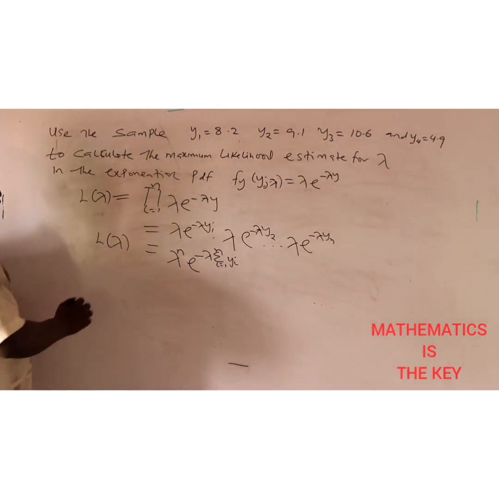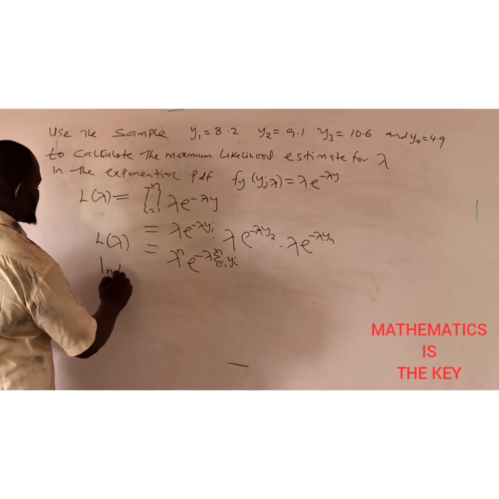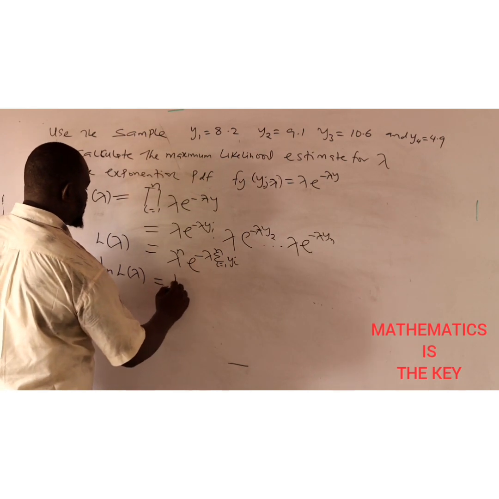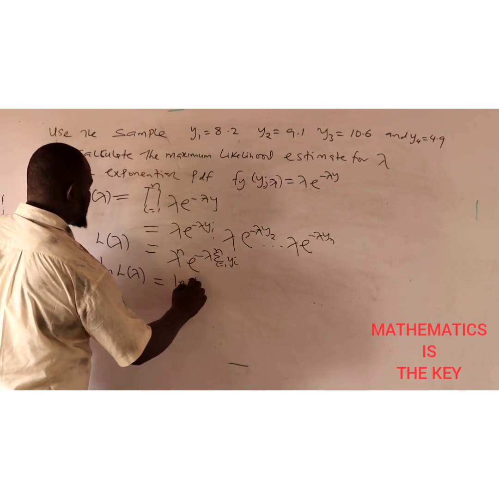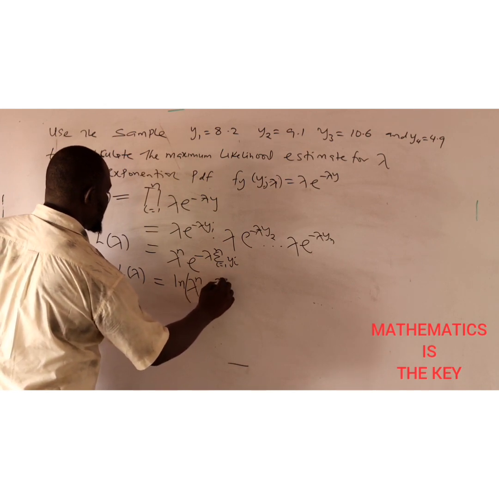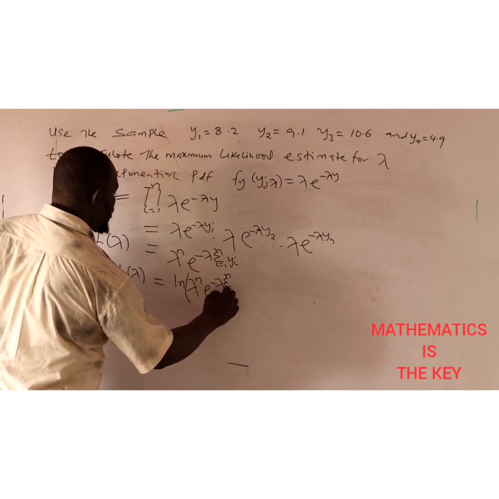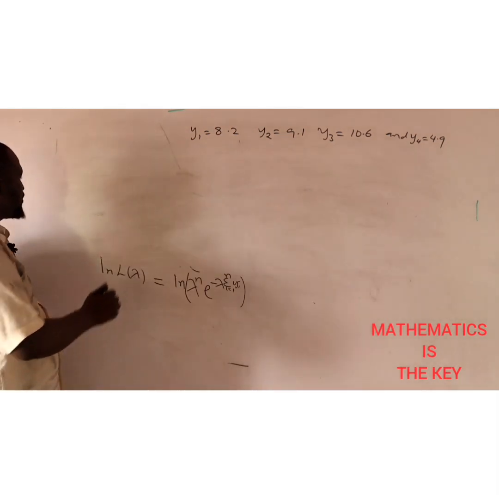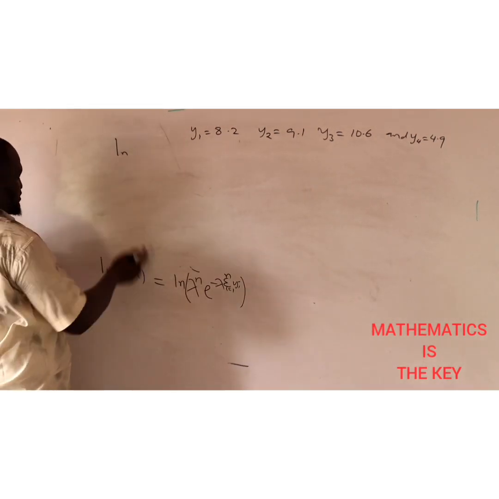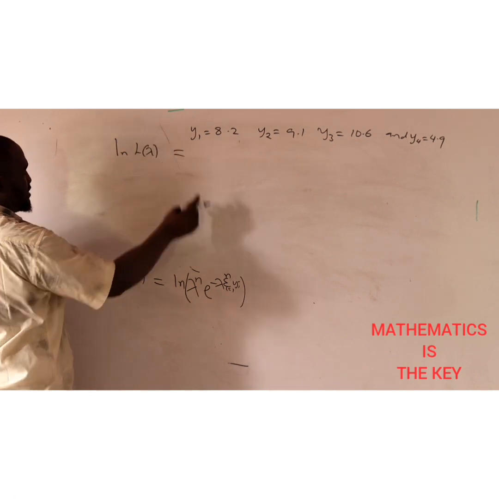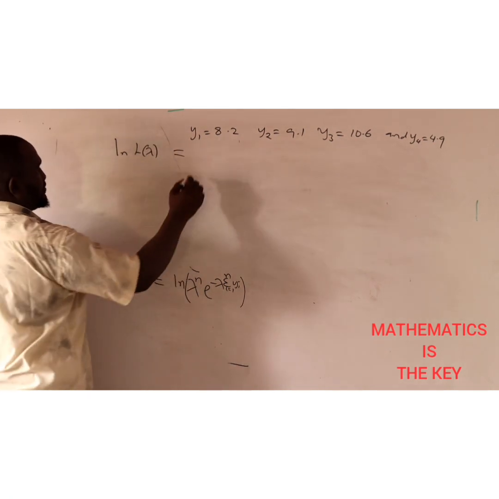To ease our work, let's take the natural logarithm of both sides. So ln of the likelihood function is ln of lambda to the power of n exponential of minus lambda summation from i = 1 to n of yi. Simplifying this, since they are in products, let's take them as a sum.